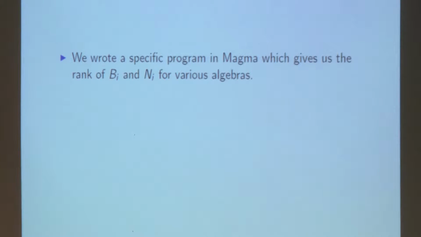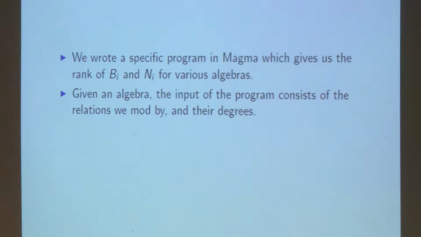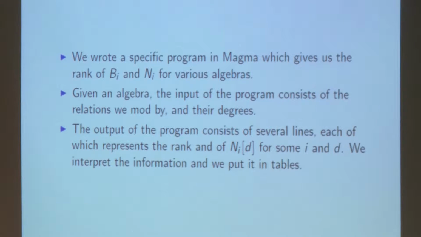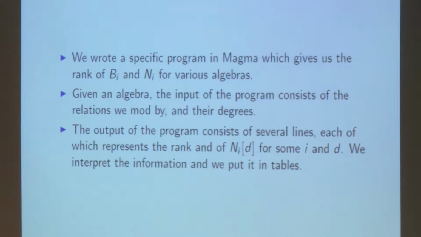First, we wrote a specific Magma program which gives us the rank of B_i and N_i. The input is the relations that we mod by and the degrees. The output consists of several lines, each presenting the rank of N_i or B_i for some i's and d's. And then the information, we put in tables.